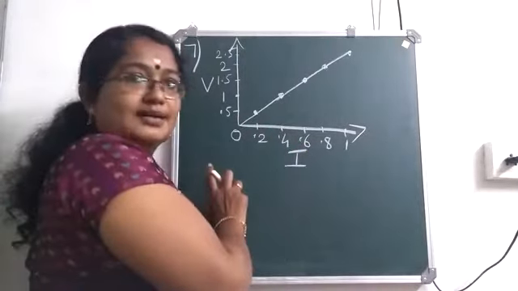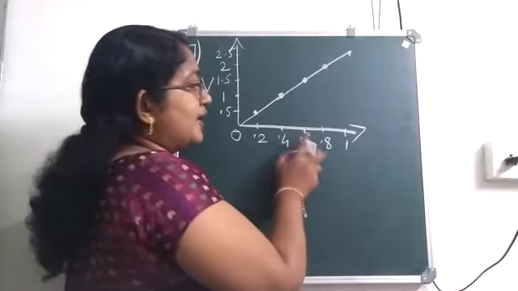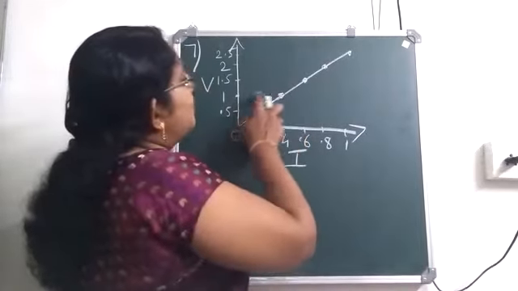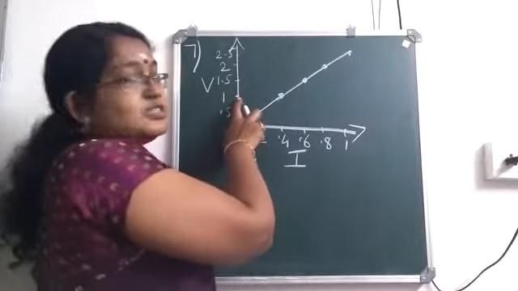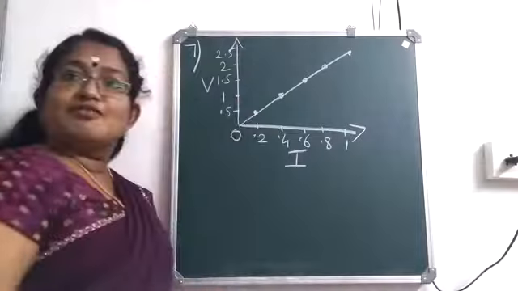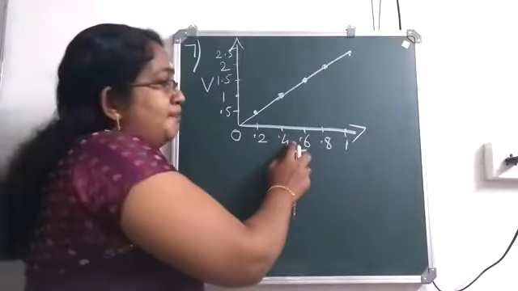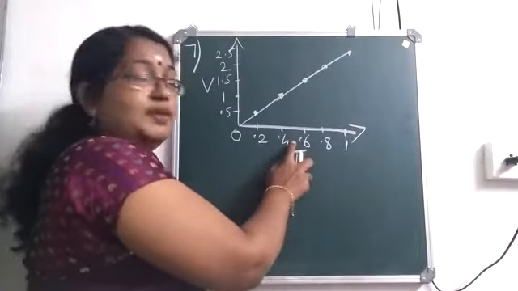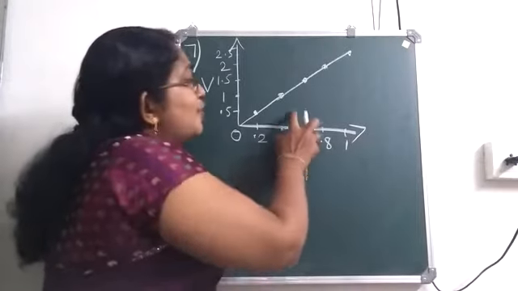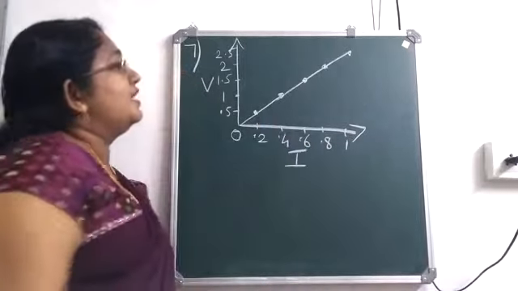0.5 is not marked here, but we have 0.4 and 0.6, isn't it? So, corresponding to 0.4, what is the potential? It is 1. Corresponding to 0.6, what is the potential? 1.5. 0.5 comes in between 0.4 and 0.6, isn't it? So, corresponding to 0.5, what will be the potential?